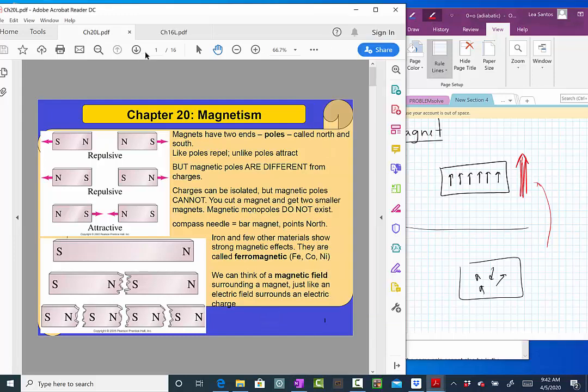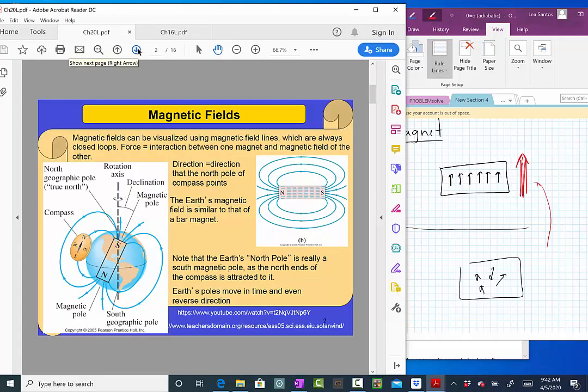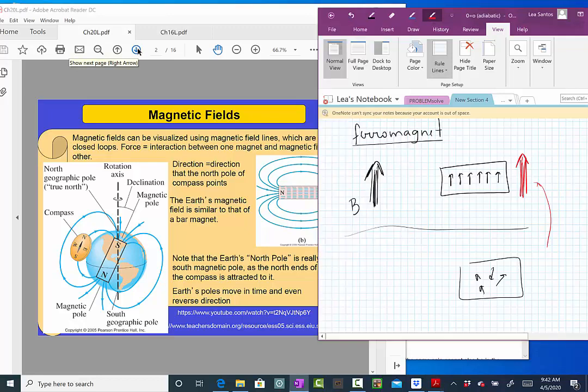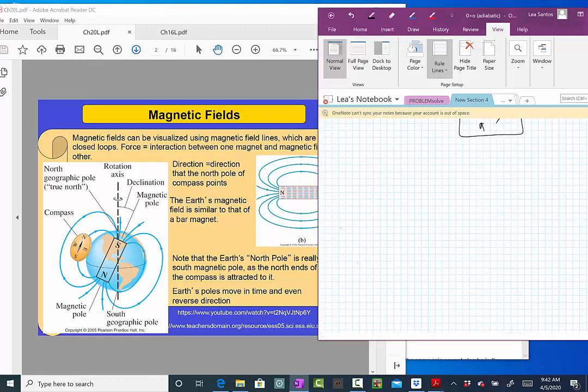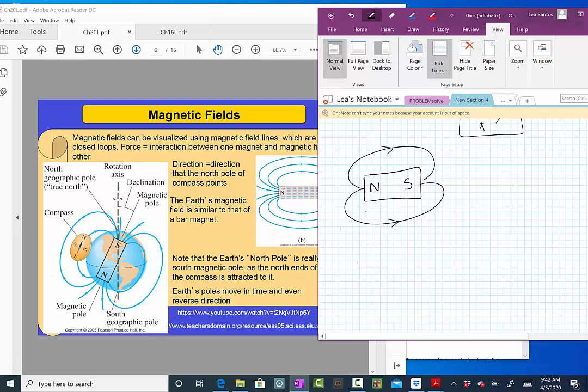So let's continue with our story here. One way to have a magnetic field is through a magnet. So we have here north and south. Now this is my piece of magnet, so around it I have magnetic fields. What is the consequence of this magnetic field?